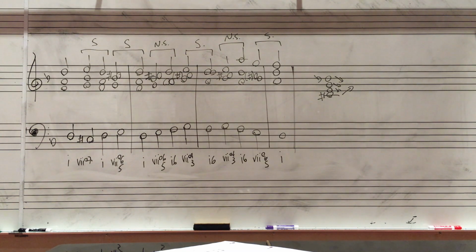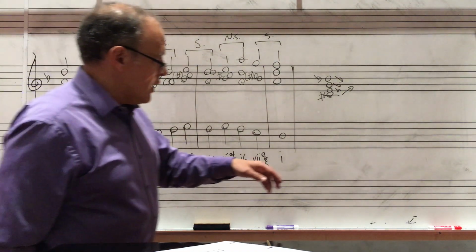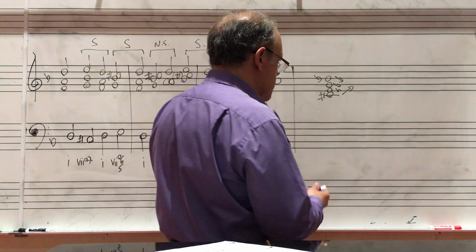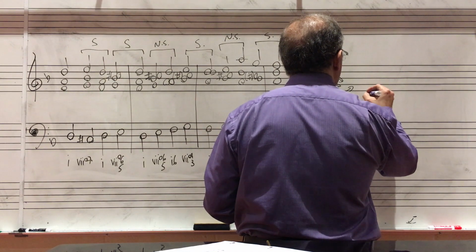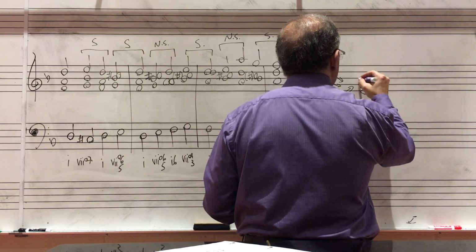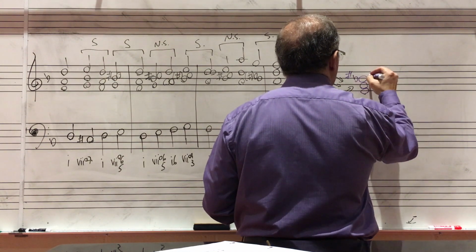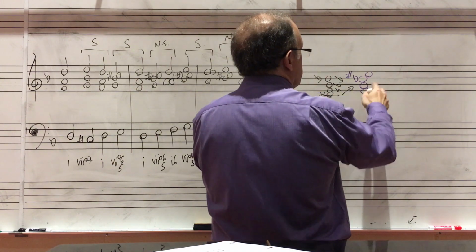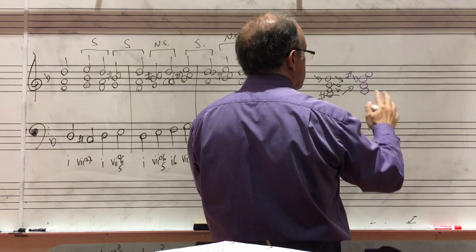Trying to hang on to these things. So if I were to go through rotations of this, each of these things has the same interval structure, minor third, minor third, minor third. That would not change.